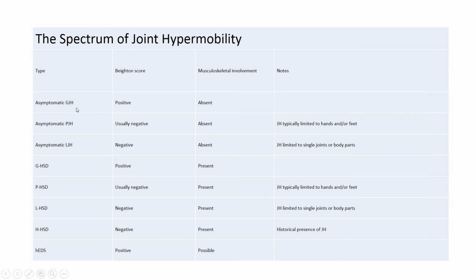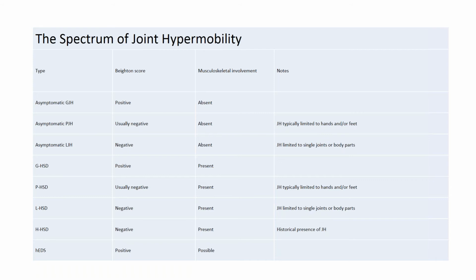You might have generalized joint hypermobility, where you actually meet the criteria according to the Beighton score. You might have peripheral joint hypermobility, where the joint hypermobility is limited to the joints in the hands and the feet. Or there might be limited joint hypermobility, where the joint hypermobility is just limited to single joints or body parts and is not generalized or even peripheral, but just found in one or a few joints.